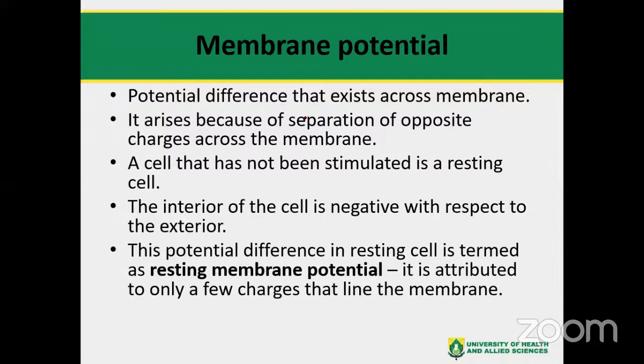The interior of the cell is negative with respect to the exterior of the cell. This potential difference in a resting cell is termed resting membrane potential, and it is attributed to only a few charges that line the membrane.